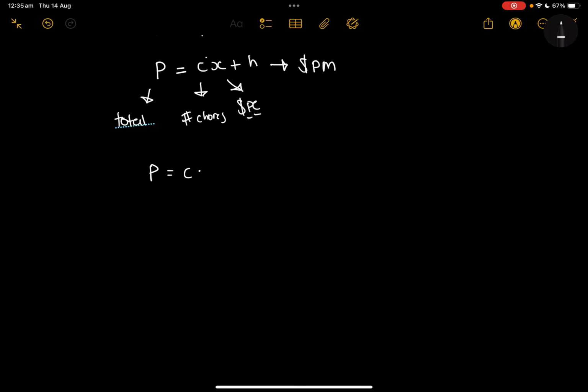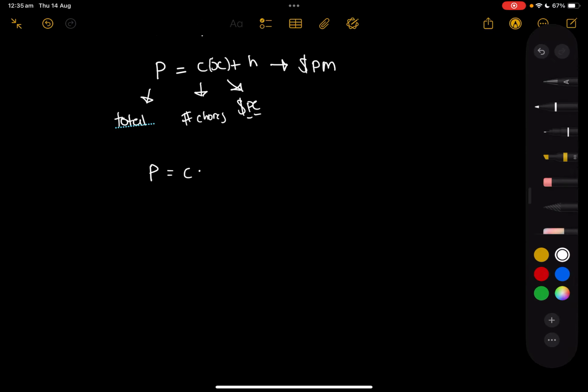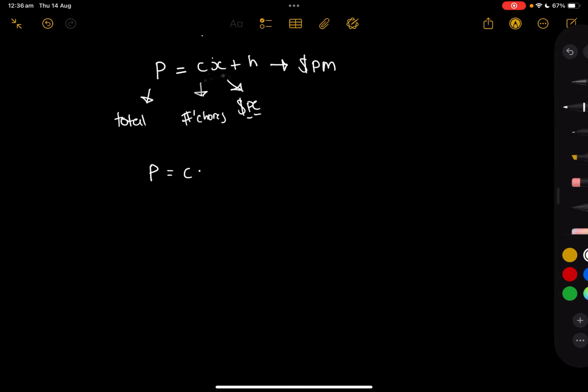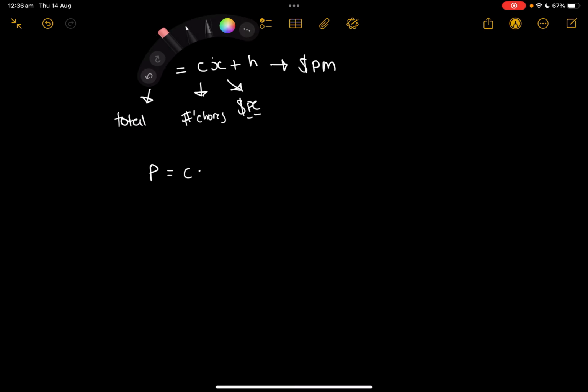and again, just like the last thing, if you saw a bracket here, you would assume that they're times. If you see two things like this that aren't numbers next to each other, that also means that they're multiplied together. And as we said earlier, the X is the amount that she gets paid per chore.